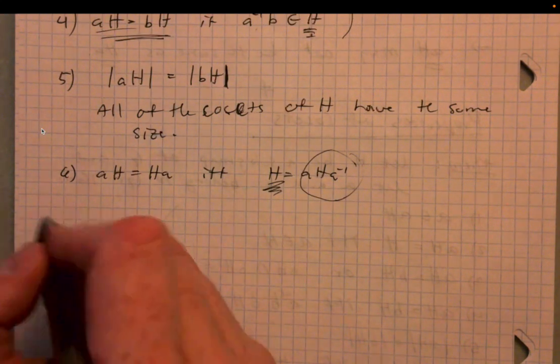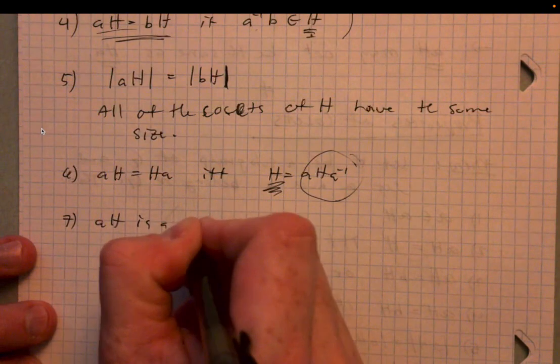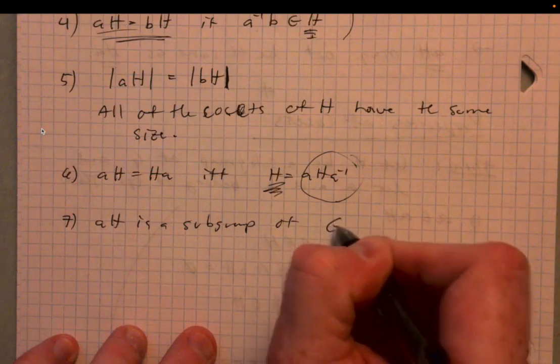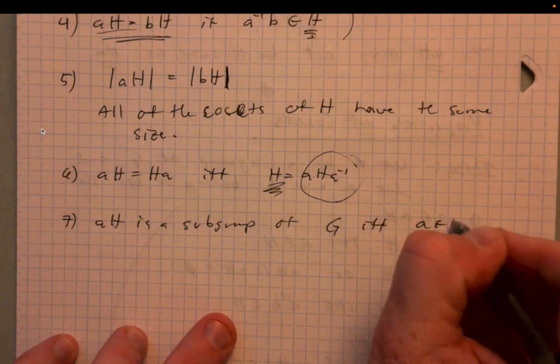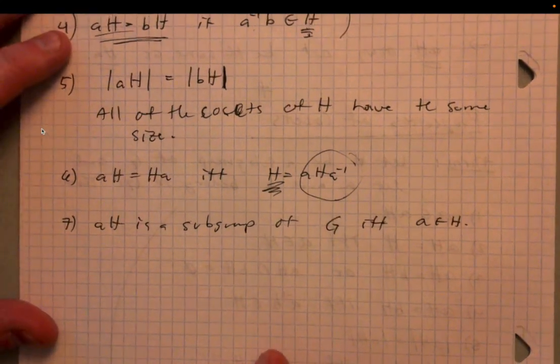And the last one, let's think about how we can restate this. AH is a subgroup of G if and only if A is in H. All right, so what can we say about that? Well, H itself is the only coset of H that is a subgroup of G. This one is very tightly connected to property 2.